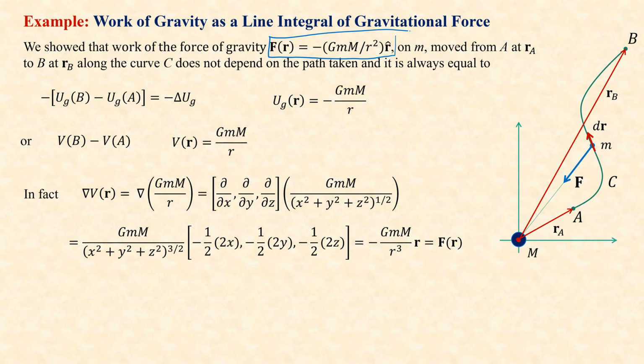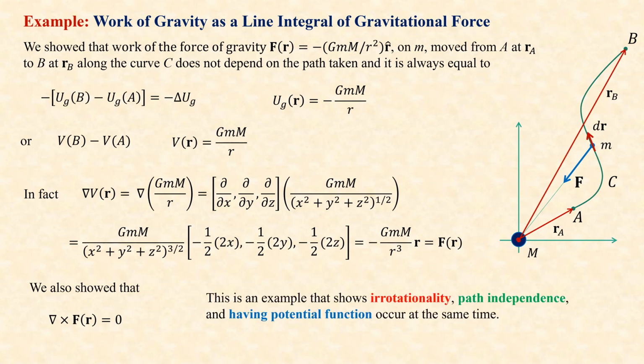All right. So we also showed that the curl of F is 0. The curl of this function is 0. I showed that in the last chapter. So this shows that irrotationality, meaning curl being 0, path independence, and also having a potential function all happen at the same time.